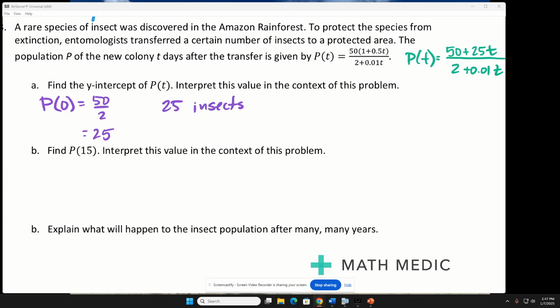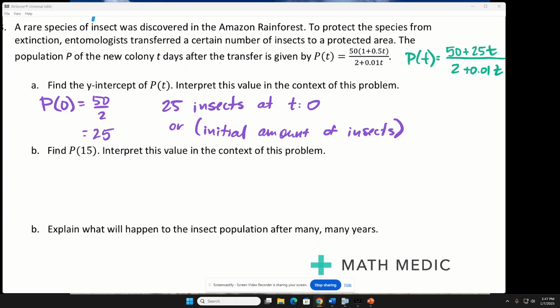What's the time here? T equals 0, right? Or you could say something like initial amounts of insects. However you want to word it, it's fine.